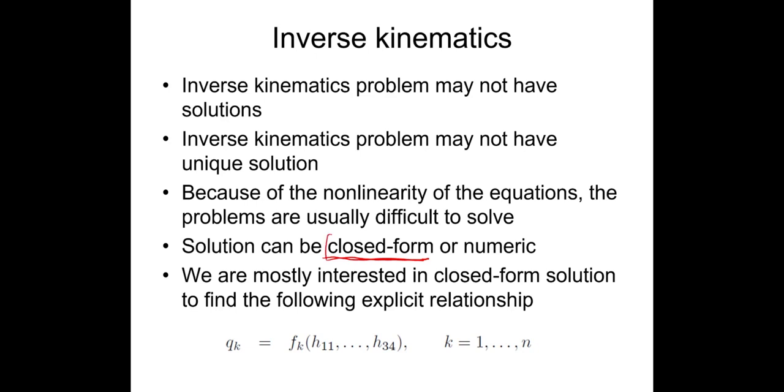Later we will talk about it in detail. So for inverse kinematics, the question is how we're going to have some simple method so that we can solve a lot of equations to solve for the unknowns.